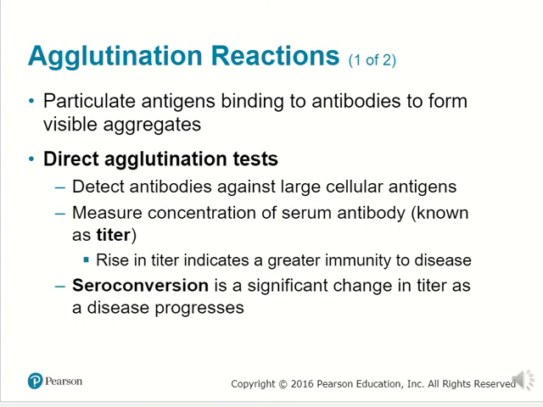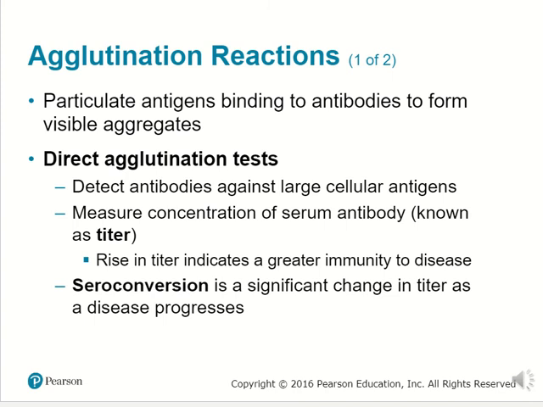Now, agglutination reactions. These involve particulate antigens binding to antibodies to form aggregates or coagulation. Direct agglutination tests detect antibodies against large cellular antigens, and they help measure the concentration of antibody in a serum, which is known as a titer.